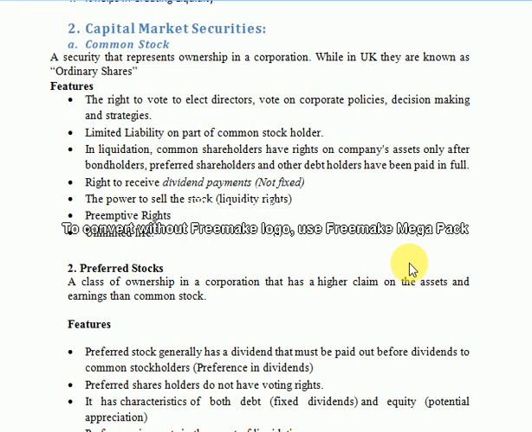Let's suppose there are three policies, A, B and C. Which one policy should be adopted? For that purpose, voting rights are given. Through voting rights, common stockholders can express their decisions, and similarly the decisions regarding the strategy of the corporation. So the first feature is the voting rights of the common stockholders.